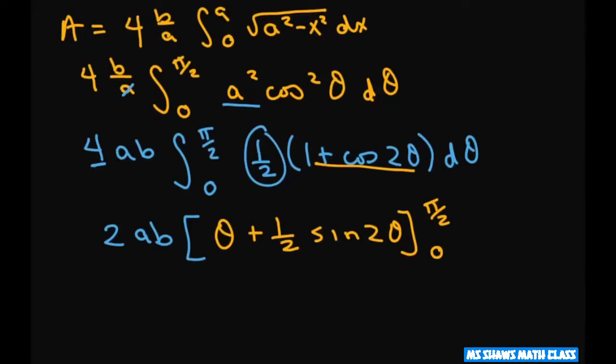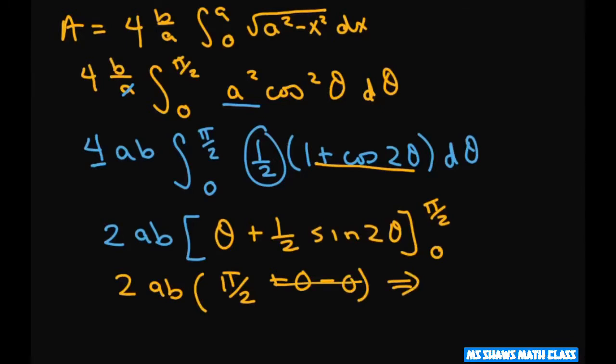Those are the limits. So when you plug all that in, you're going to get pi divided by 2 plus 0 minus 0. So basically, multiplying all this just goes away. So you're going to get, the 2's cancel. So you're going to get pi ab.